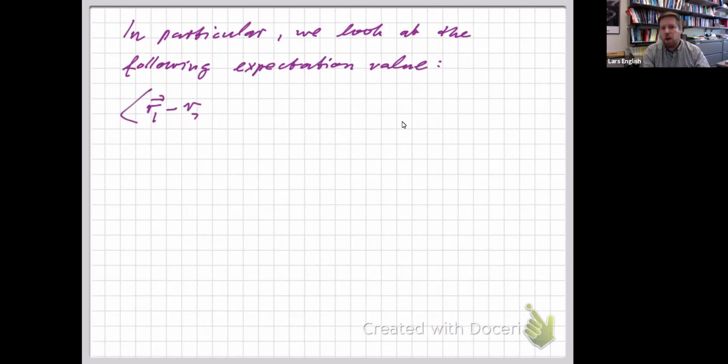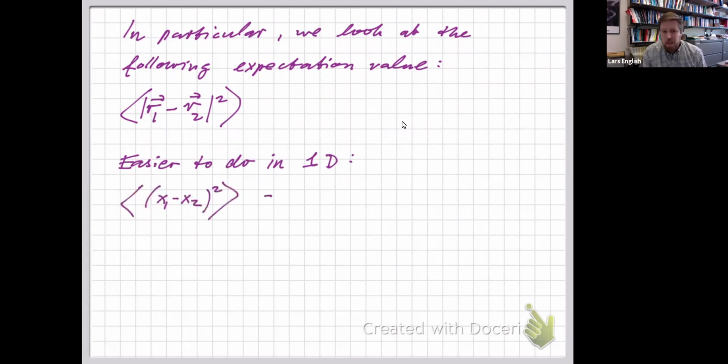Okay, so we want to look at the following expectation value for different states. So here's one, an expectation value of the distance between the 2 particles, R1 minus R2 as vectors, absolute value. That is slightly easier to do if we go down from 3 dimensions into 1D. Basically, we would be evaluating something like this on the x-axis.